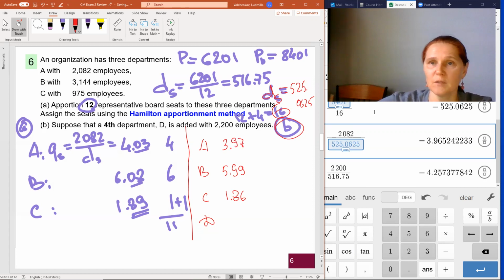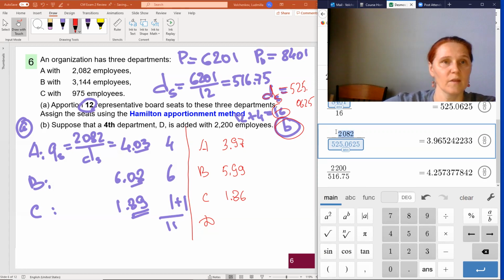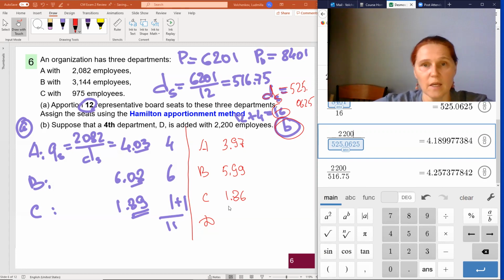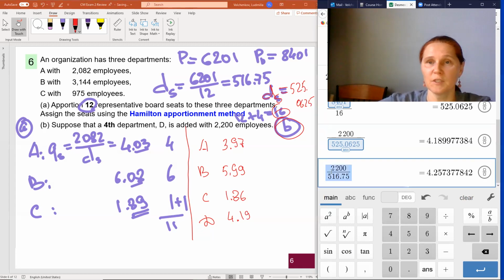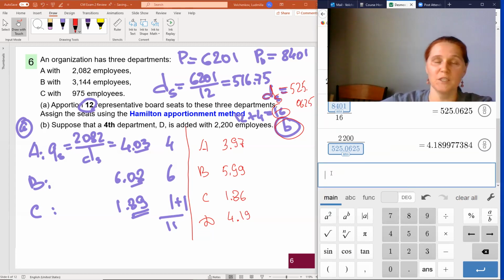And the last department, D, with 2200, gets 4.19. 4.19 is the standard quota for D.